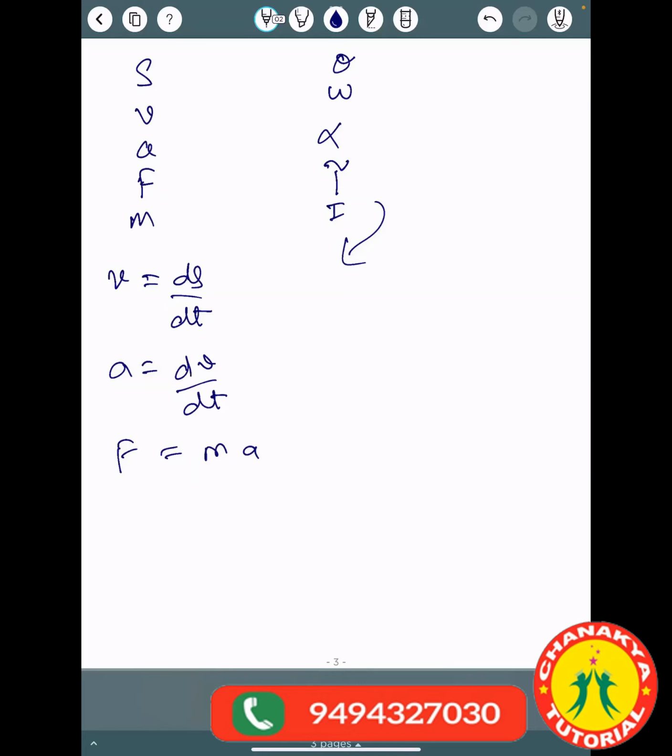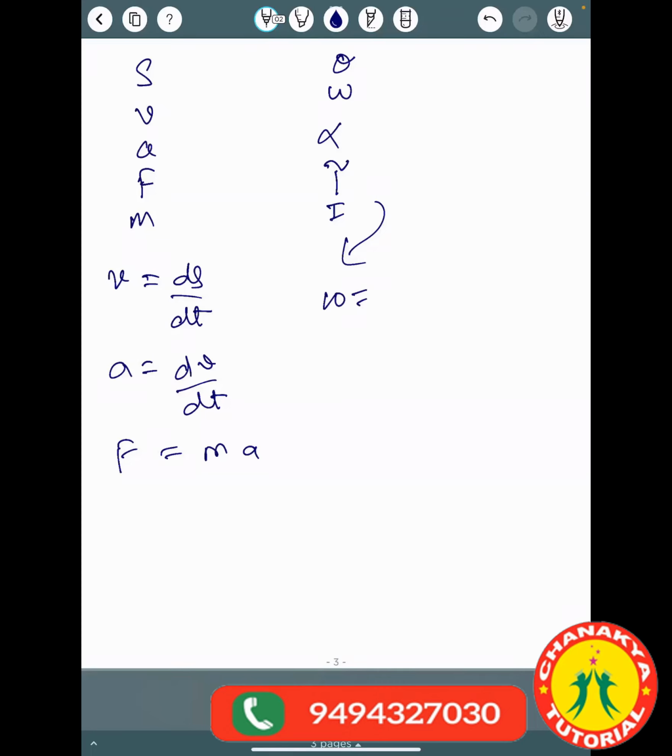Angular acceleration is d omega by dt. Okay, Xavier, you tell me. So for work done, it is tau by theta.